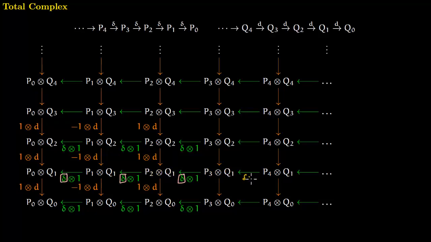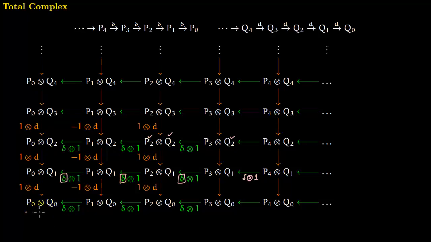Again you have delta tensor 1 here, and 1 does nothing because everything here is Q1. So Q1 carries to Q1. Here again this 1 does nothing, it just carries Q2 to Q2, and delta acts on P3 to carry it to P2. So this is how you can construct a double complex.